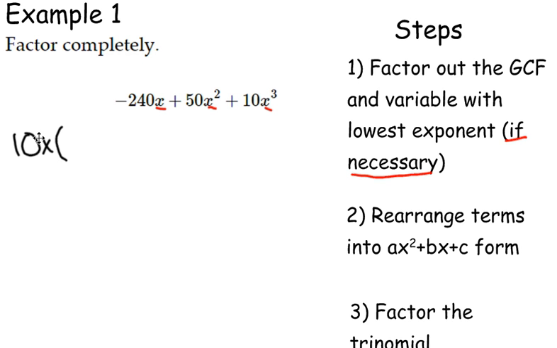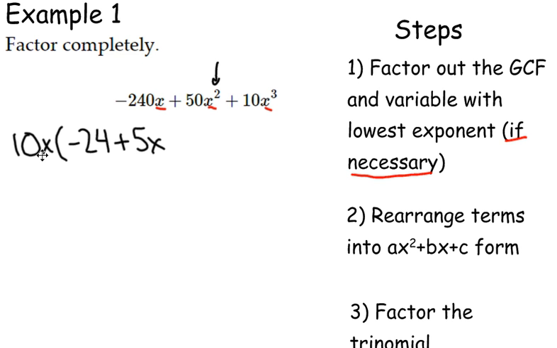Now 10x multiplied by what will give me negative 240x? Well, 10x multiplied by negative 24 will do the trick. 10x multiplied by what will give me positive 50x squared? Well, 10x multiplied by 5x will give me 50x squared, because remember, that x times that x will give me that x squared I'm looking for.